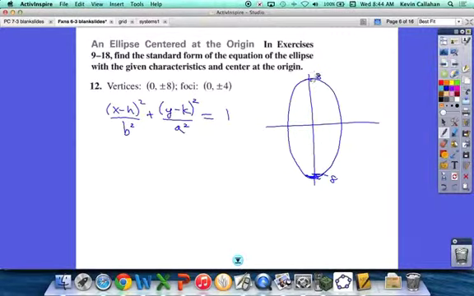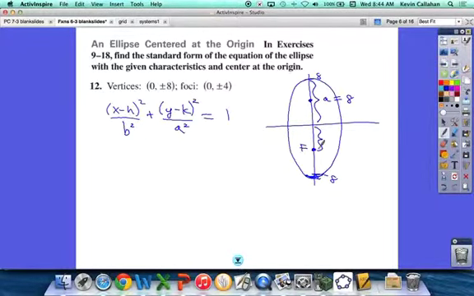What is that distance? Half of the major axis is what? A. So a equals 8. We know that one. And we know that the foci are at 0, plus or minus 4. So there's a focus there and there's a focus there.